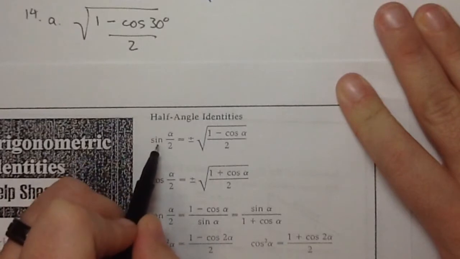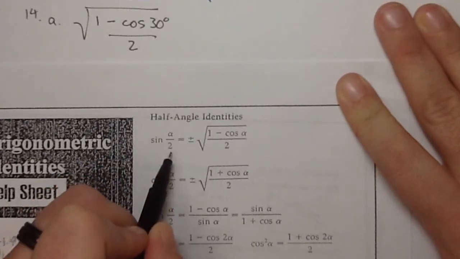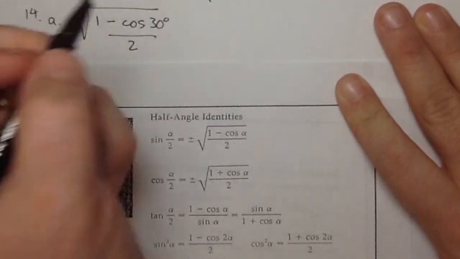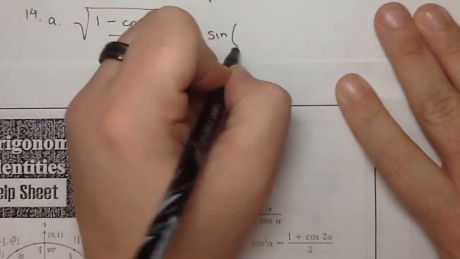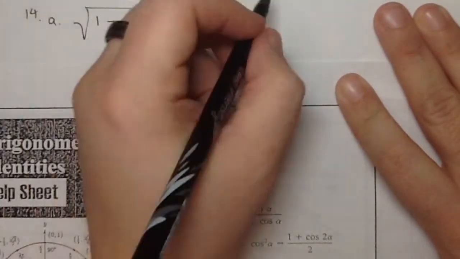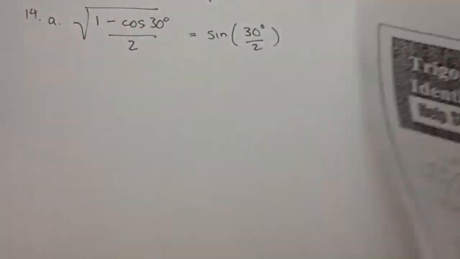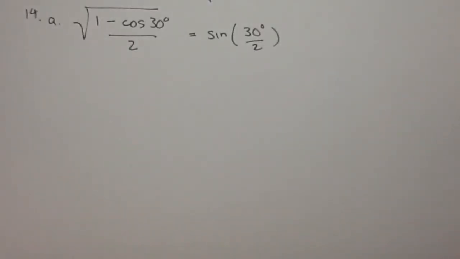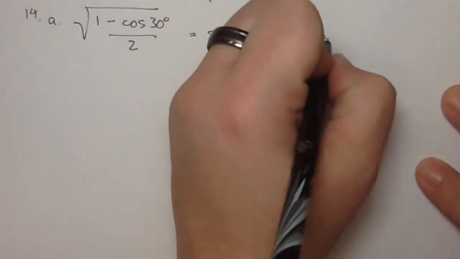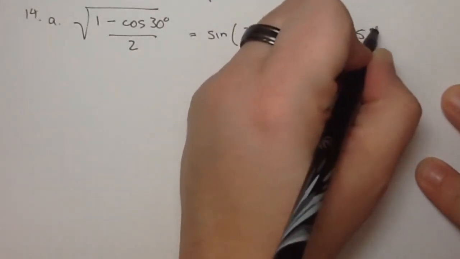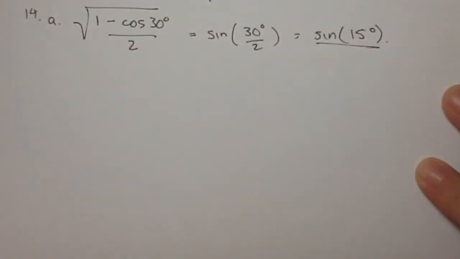So that's sine of alpha over 2. So this gives us the sine of whatever's on the inside, 30 degrees, over 2. And so that gives us the sine of 15 degrees. And we're done. So again, guys, it's all about using the formula sheet to your advantage.